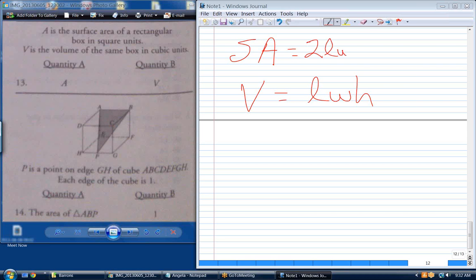It's 2LW plus 2WH plus 2LH. In other words, it's 2 of each combination. Right, so the surface area is going to be bigger. Well, if L, W, and H were all 1, the surface area would be bigger.